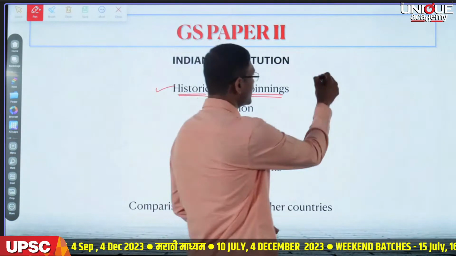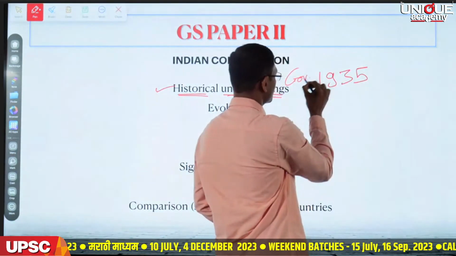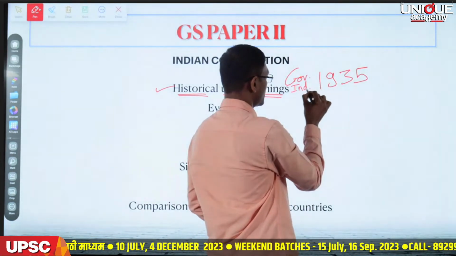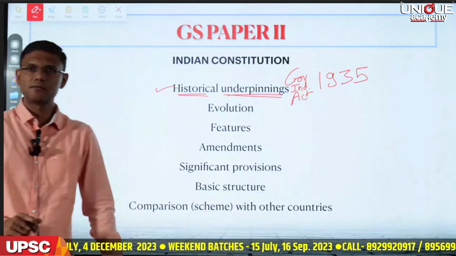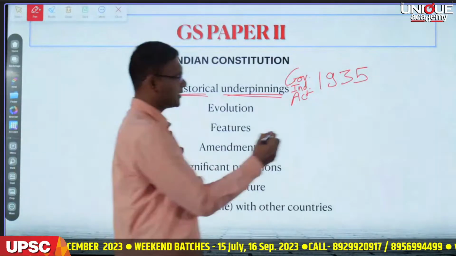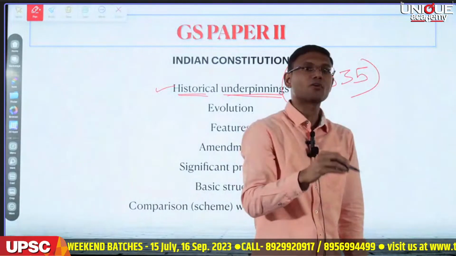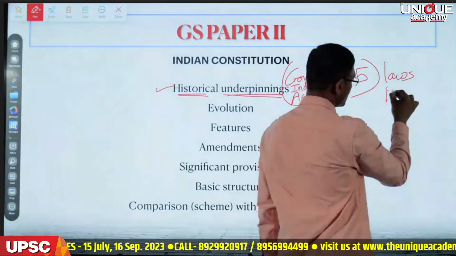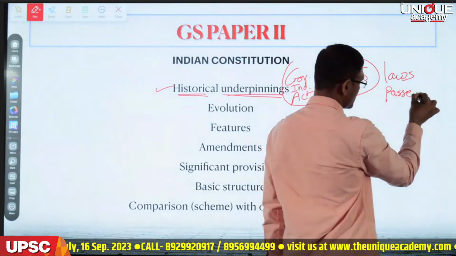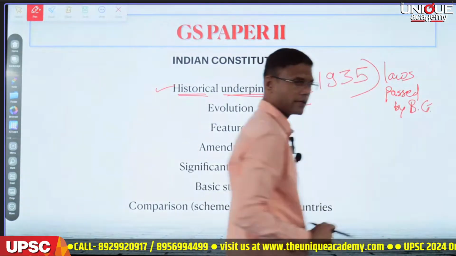Government of India Act 1935. Very good, 1935. Right. Yes. Anything else? Or can we say that probably major legislative initiatives taken by, or laws passed by, the British government?